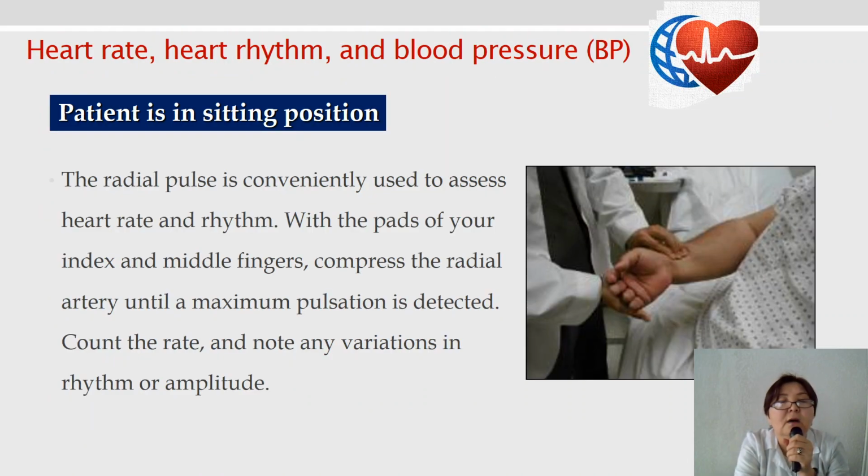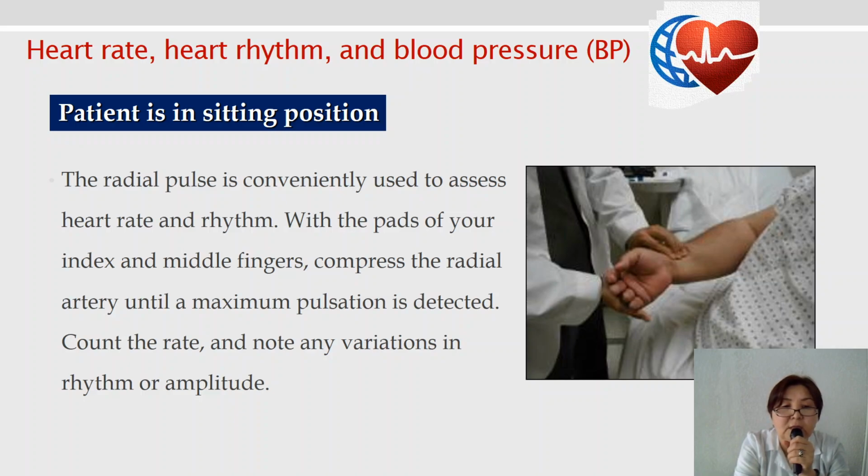Heart rate, heart rhythm, and blood pressure. Patient should be in sitting position. The radial pulse is conveniently used to assess heart rate and rhythm. With the pads of your index and middle fingers, compress the radial artery until a maximum pulsation is detected.